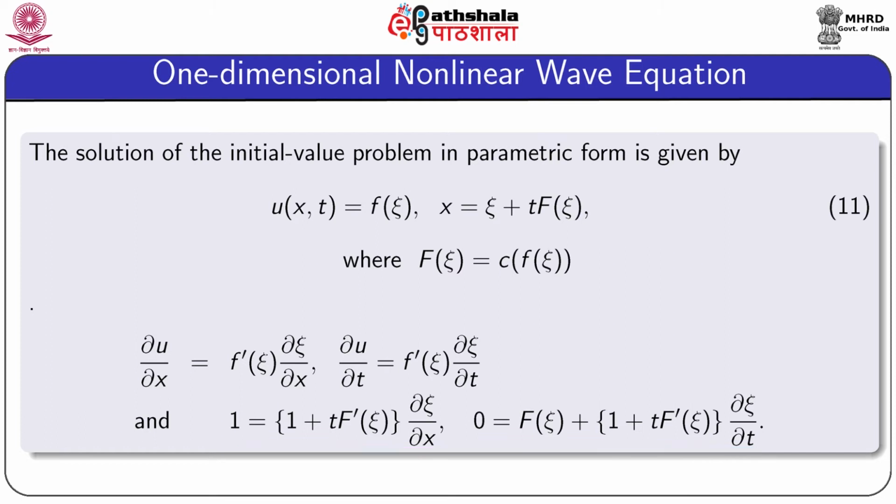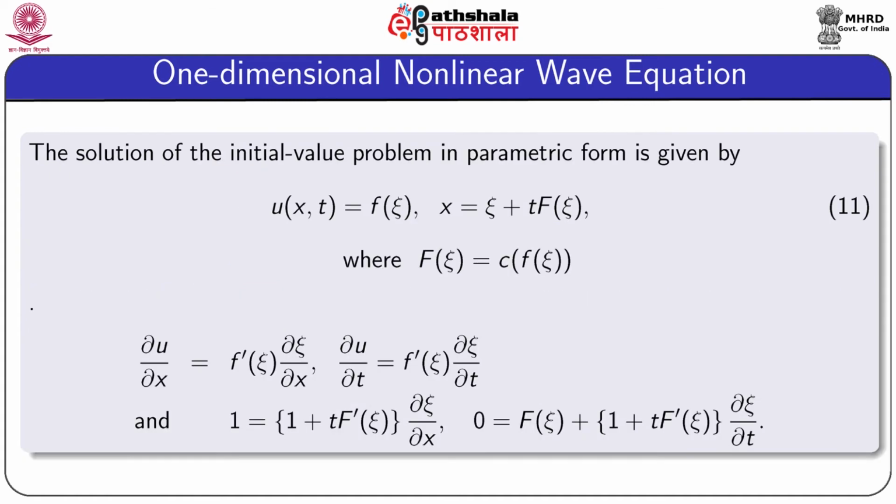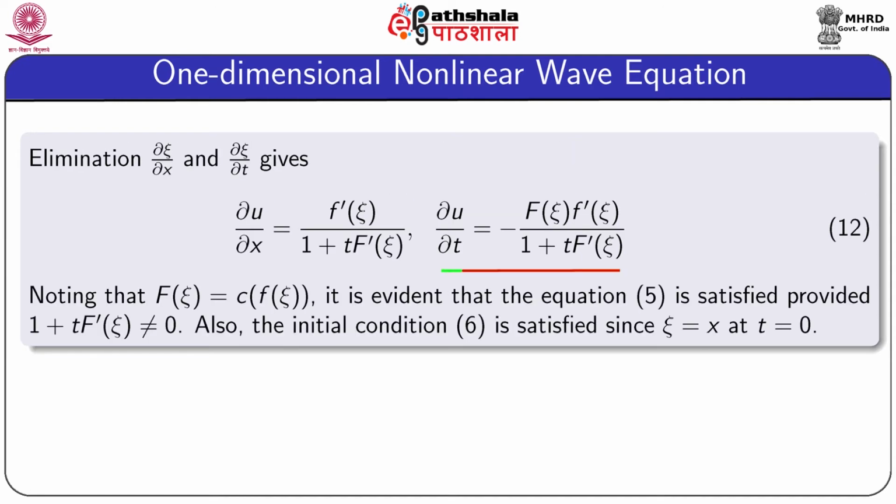Now, from these 4 equations, if we eliminate del xi del x, then we get del u del x equals f dash xi divided by 1 plus t F dash xi, and if we eliminate del xi del t from the remaining 2 equations, we get del u del t equals minus F xi f dash xi divided by 1 plus t F dash xi, where capital F is c of small f.